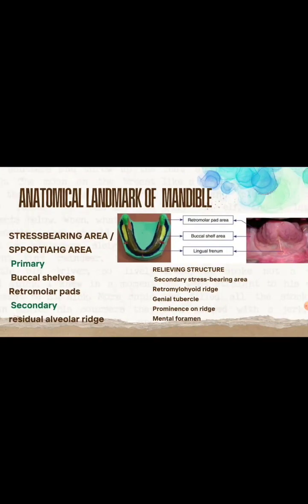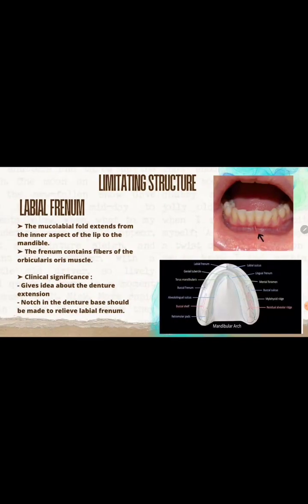Next, the stress bearing areas: primary and secondary stress bearing areas, the buccal shelf, retromolar pad, and the residual alveolar ridges. The relieving structures are the retromylohyoid ridges, genial tubercle, prominence of ridges, and mental foramen.